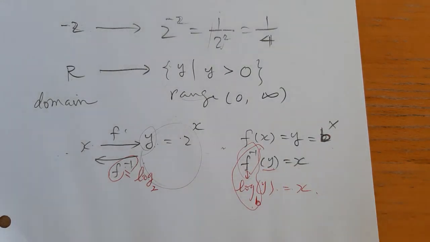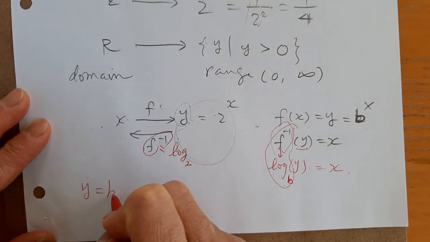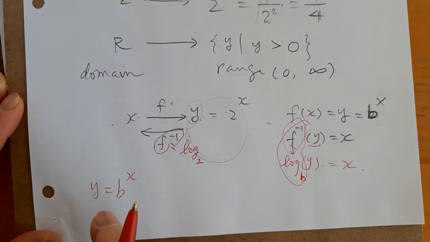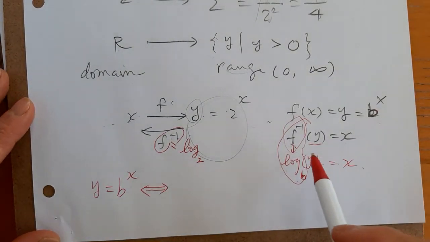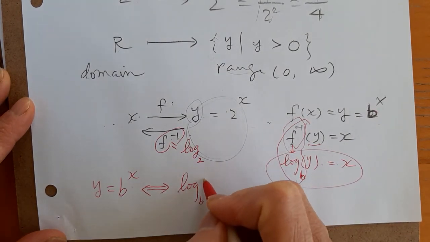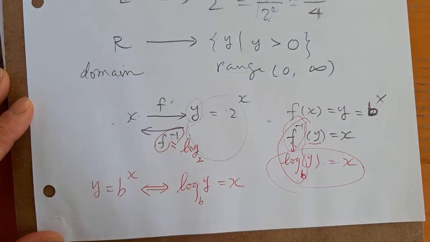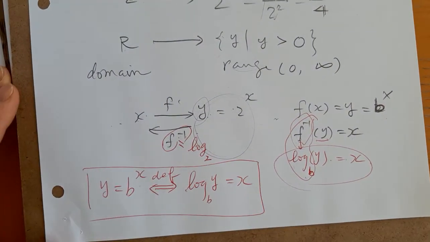So from here, we get the first formula. If y equals b to the power x, this is an exponential function, and you can change it to the logarithm function log b of y equals x. That's by the definition of the logarithm function.